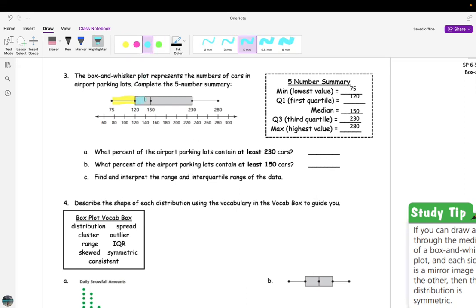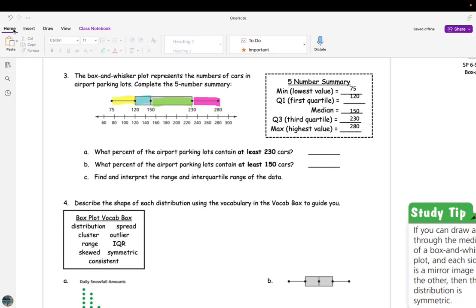The next part is another 25% of the data. And there's the third quartile, so another 25%. And then my final 25% is there. So they are not the same size, but they each contain 25% of the data.